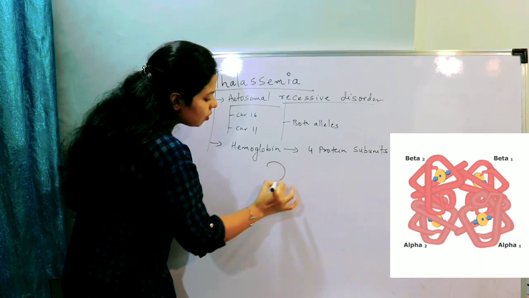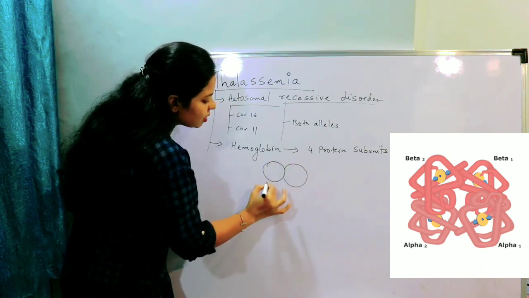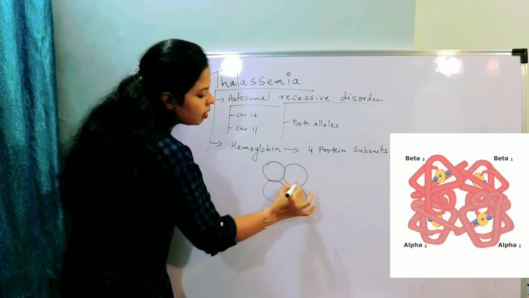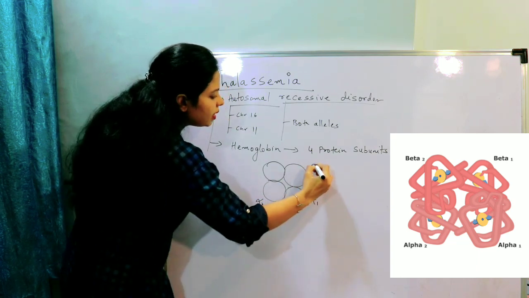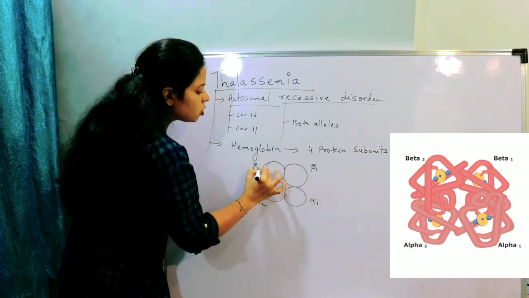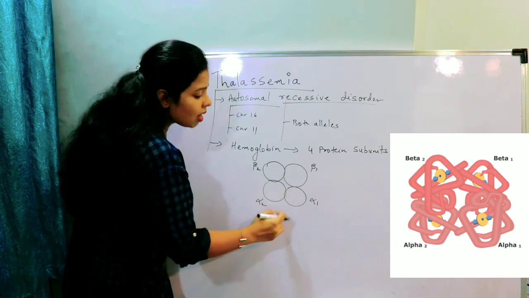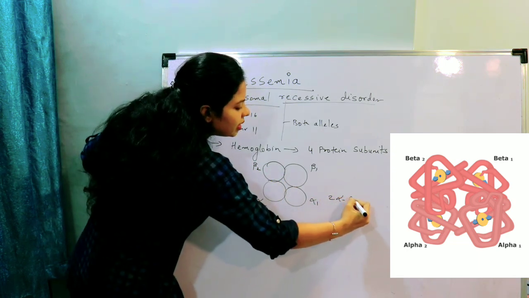See here, you have 4 polypeptide chains like this: alpha 1, alpha 2, beta 1 and beta 2. So there are 2 alpha subunits and 2 beta subunits.